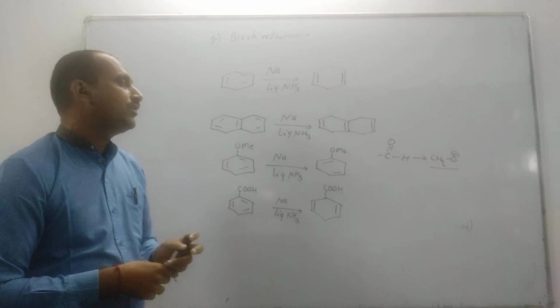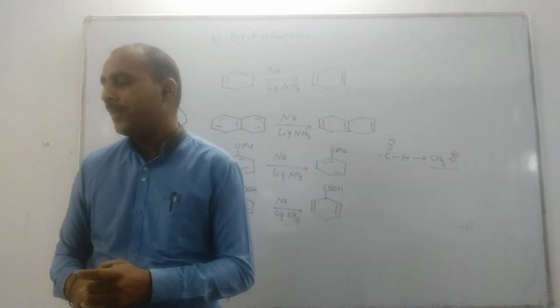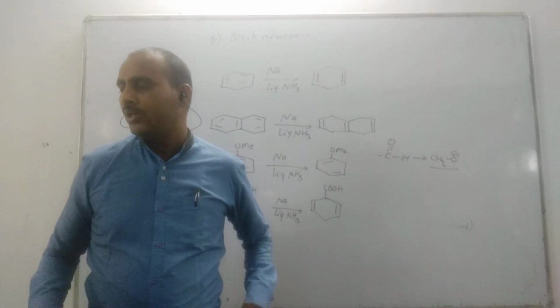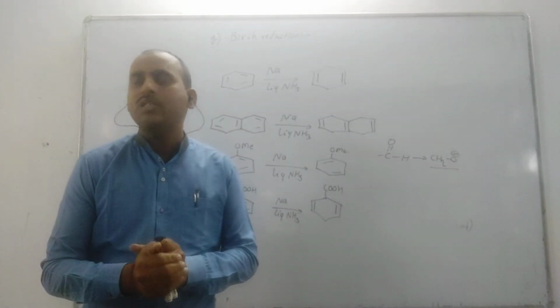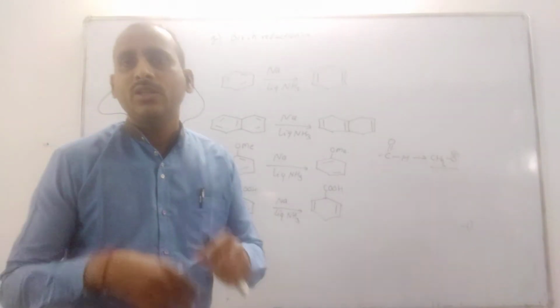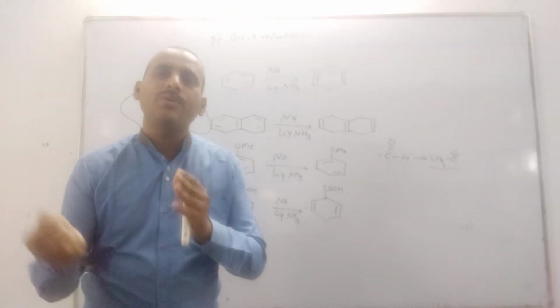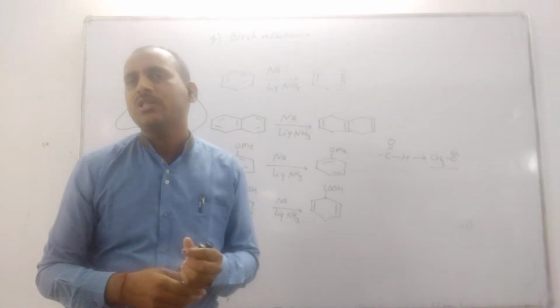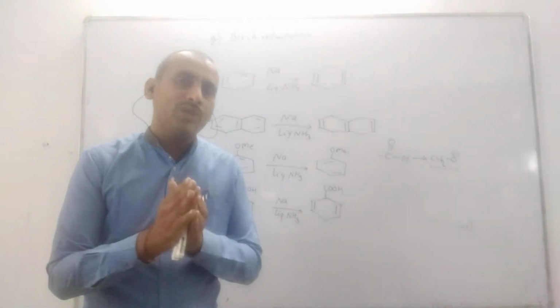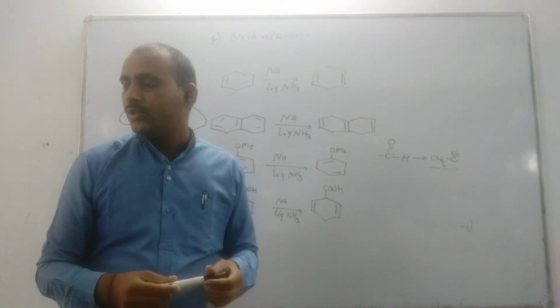So here in the Birch reduction, the sodium in liquid ammonia consists of an electrolyte salt. So the transfer of electrons takes place, meaning the reduction is carried out by transfer of electrons. So the sodium and ammonia form the salt.